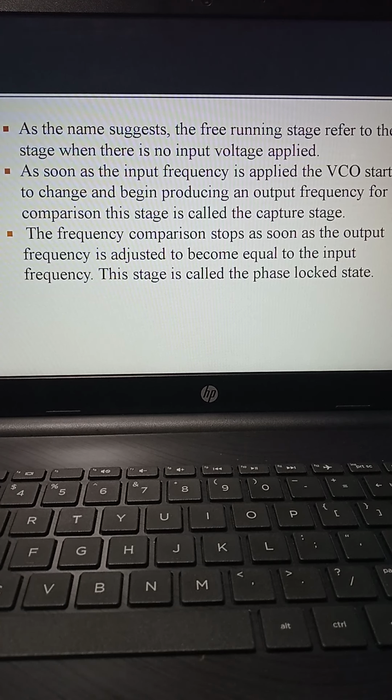The next stage is when the frequency comparison stops as soon as the output frequency is adjusted to become equal to the input frequency. When the output frequency becomes equal to the input frequency, the frequency comparison will stop. So this stage is nothing but the phase locked state.